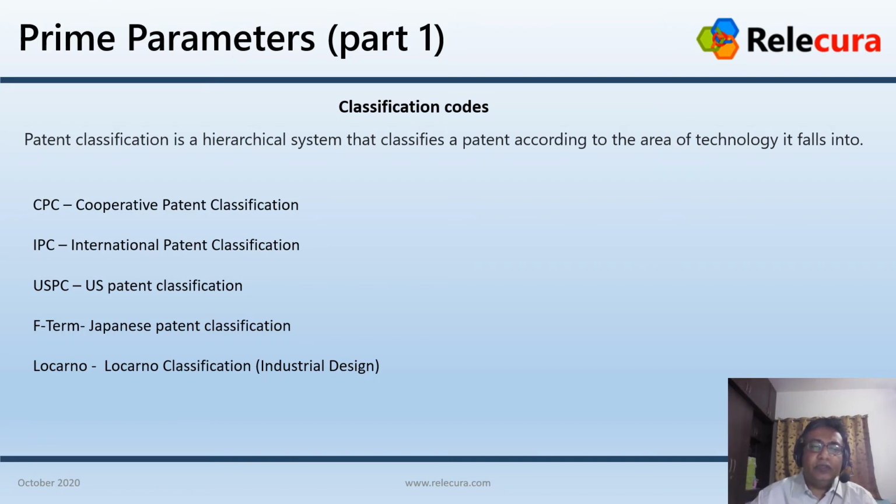Another classification code which is known as Locarno classification is used for assigning the technology area in industrial design. So we have different types of patents like utility, design patents and plant patents. So Locarno classification is used for defining the technologies in industrial design, basically for design patents or industrial registrations.